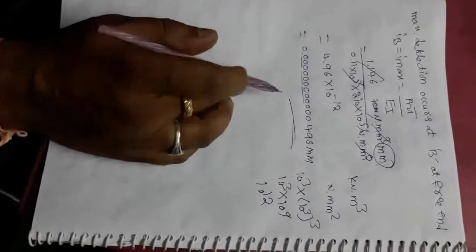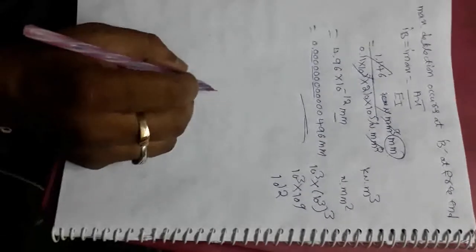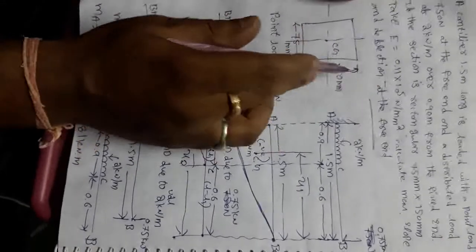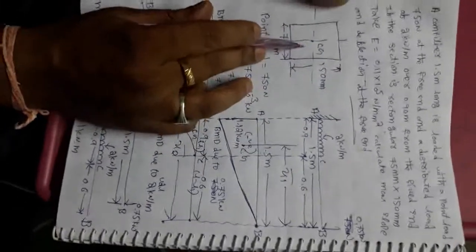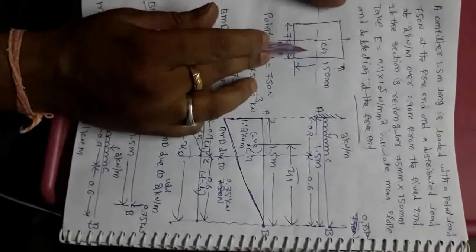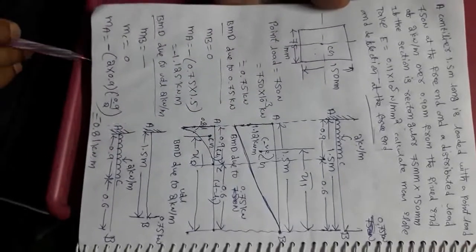The question is a combination of point load and UDLs. These units are in mm. So this is a very important problem. If the diagram does not give an I value, but it has a rectangular section, you can find the I value using the formula I equal to b d cube by 12.